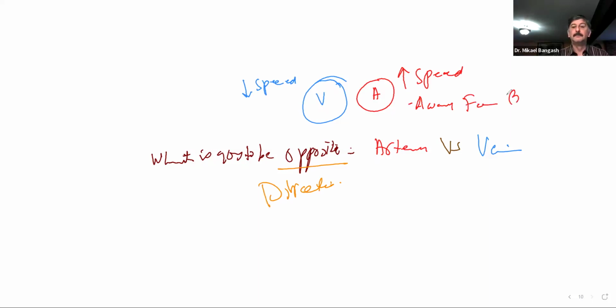Away from the heart. Whereas in veins, towards the heart. So they will be flowing in different directions. Did you guys get that?